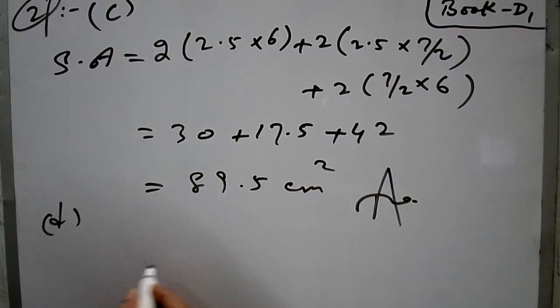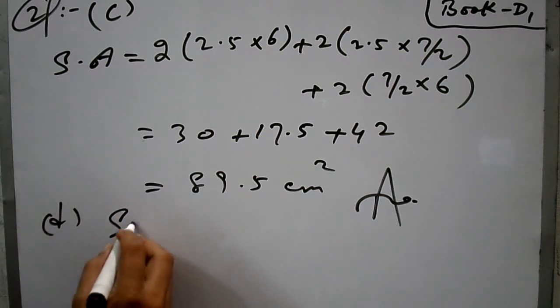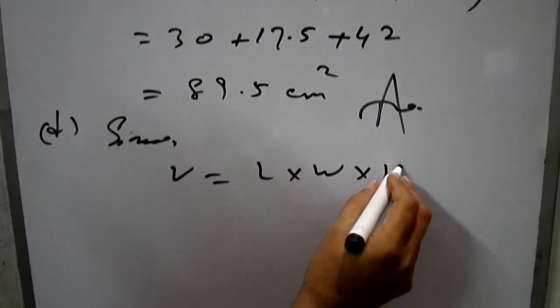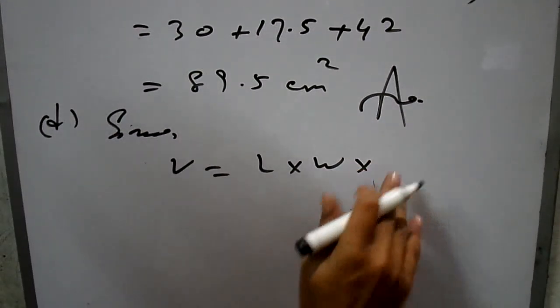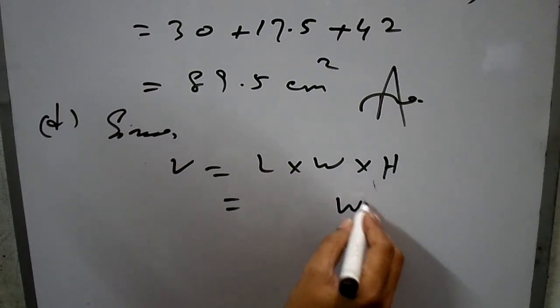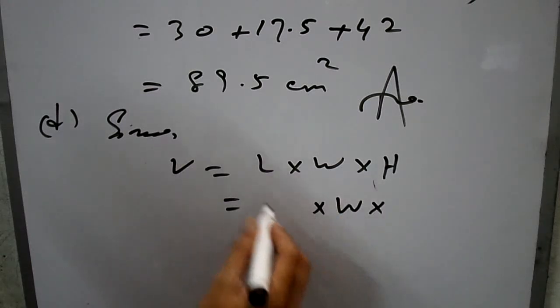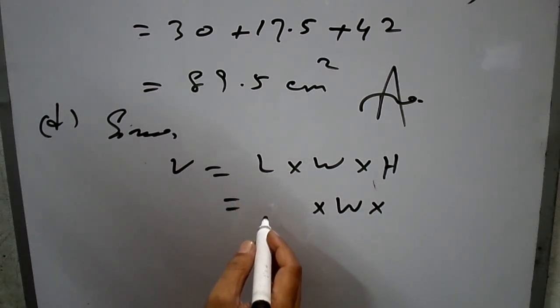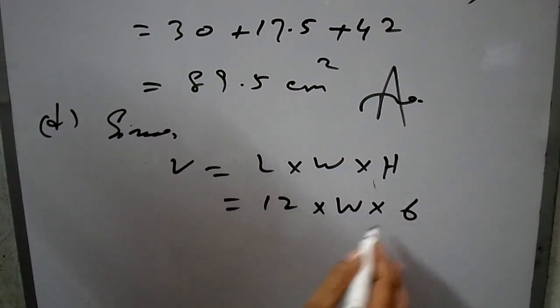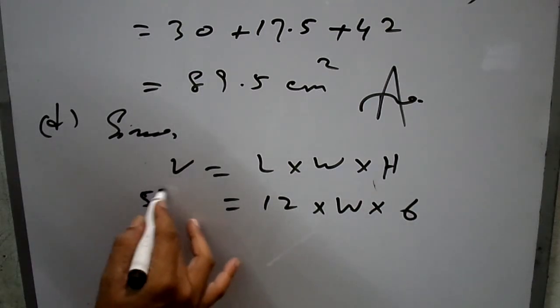length we have to find, now we have to find its width. Since we have formula V is equal to length width into height, so now you have to find its width. Okay, leave this here because the length is 12, height is 6, and volume is 576.